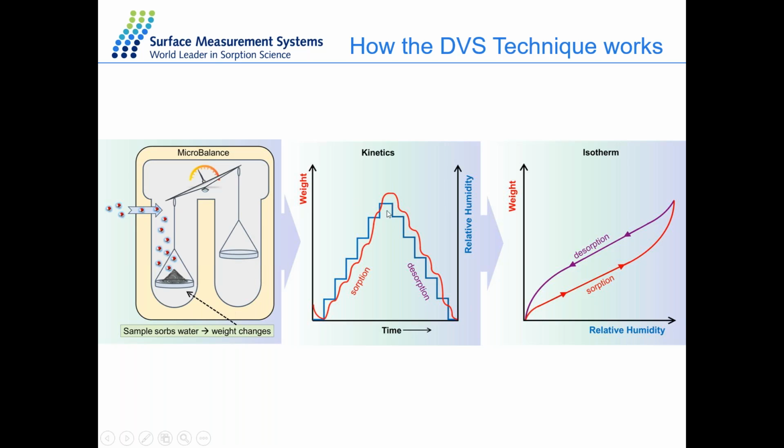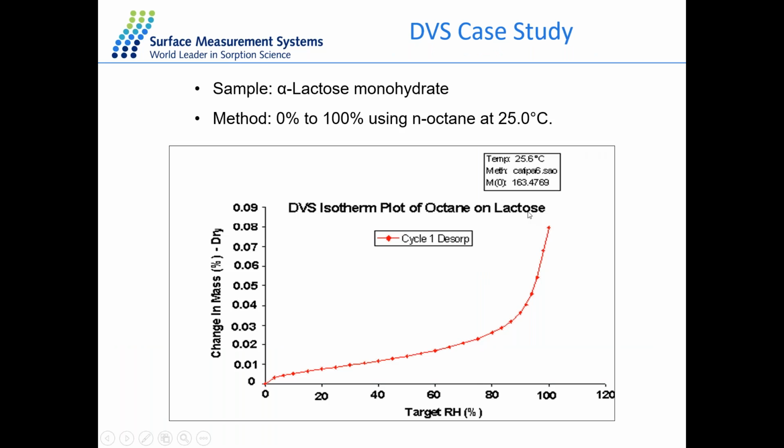If we take the change of mass at equilibrium at different partial pressures and plot it against the relative humidity, we get the isotherm of the sorption and desorption branches. If we use organic vapors like octane or ethanol and get a type 2 isotherm, we can use the isotherm from the DVS data to calculate the BET surface area of the sample.